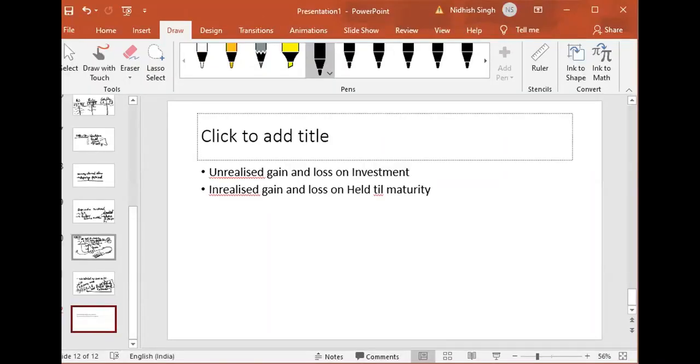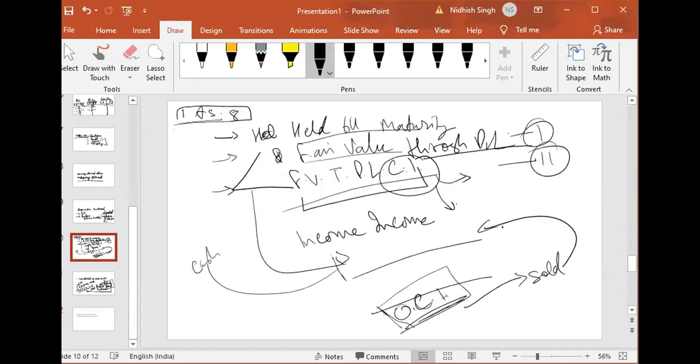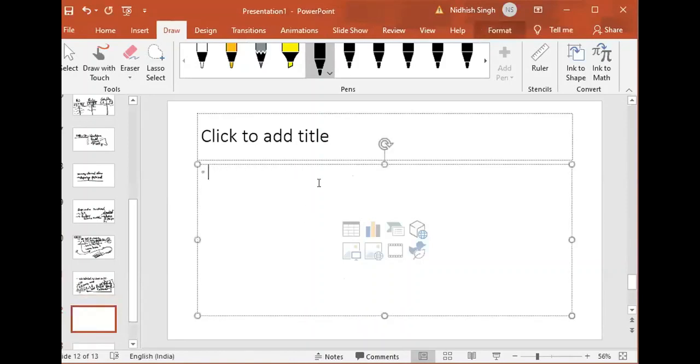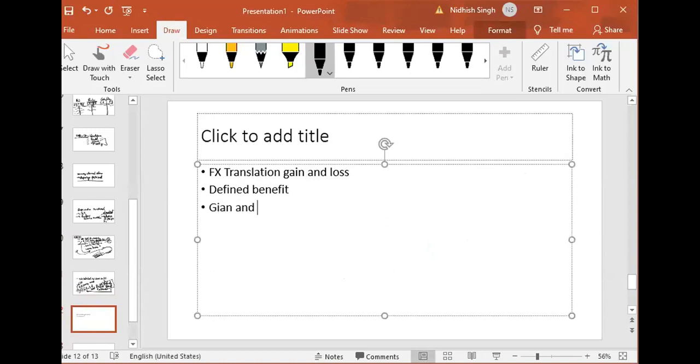So I was talking about OCI. It is not only about the defined benefit and the pension. OCI also includes things like FX translation gain and loss, defined benefit, and gain and loss on assets held till maturity.